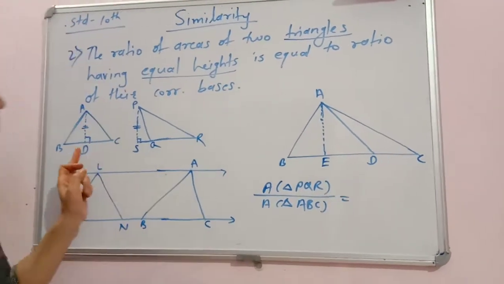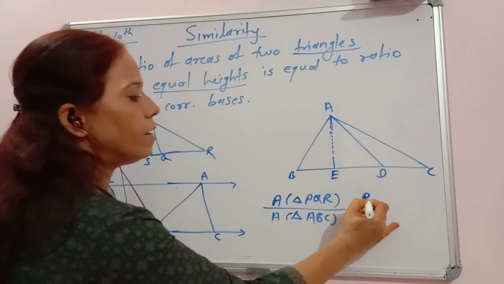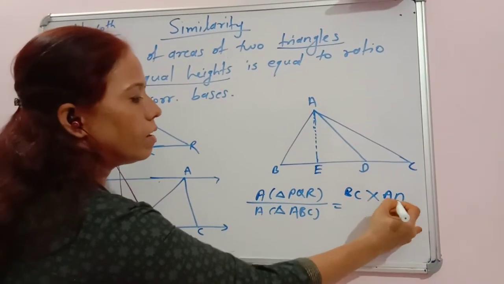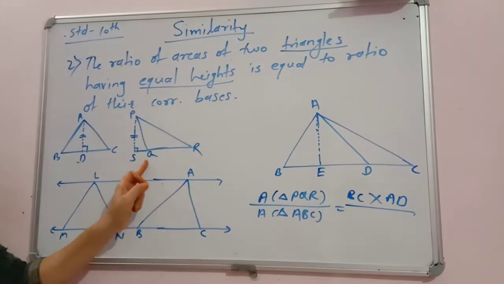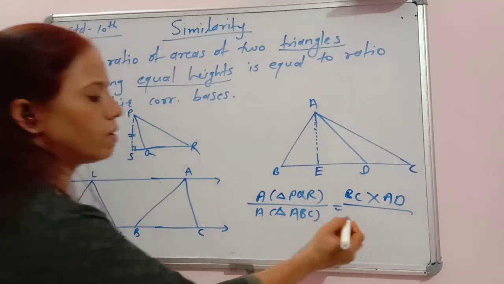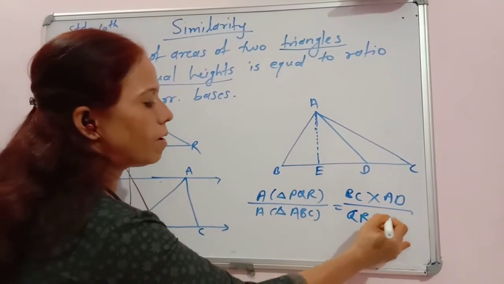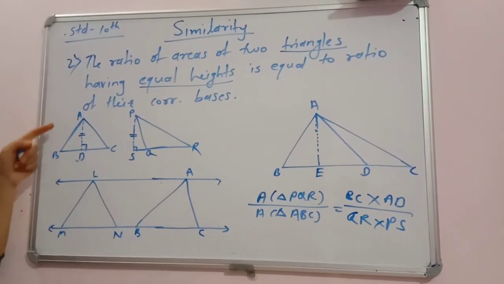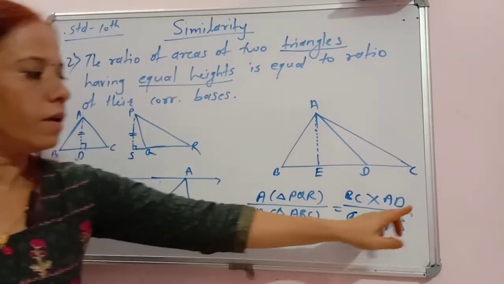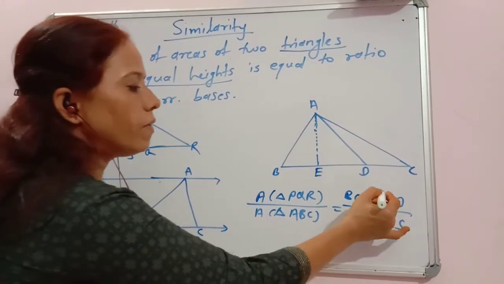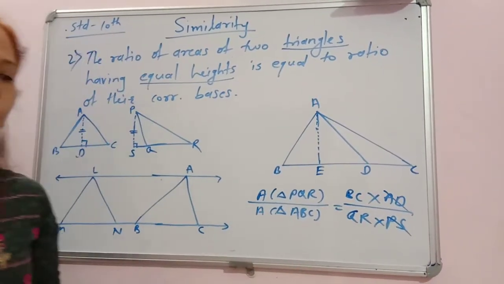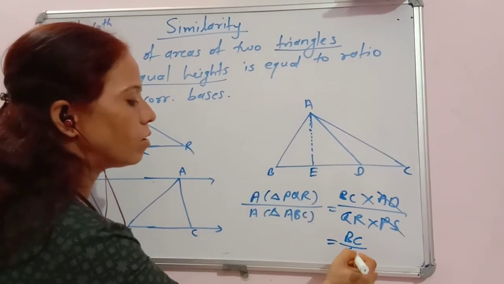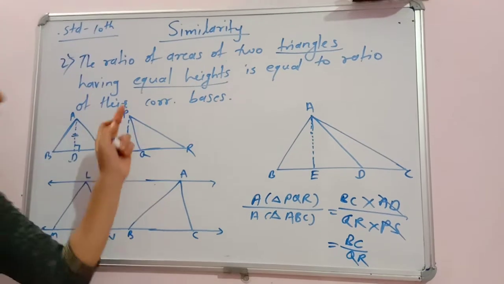So its base is BC, height is AD, divided by its base QR, height PS, QR multiplied by PS. But what is the condition? They have equal heights, meaning AD and PS are equal. Then they will get cancelled, being equal. Then the ratio becomes BC upon QR. And that is our second property.